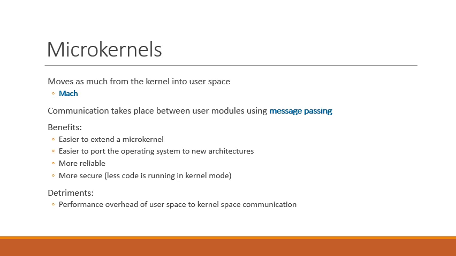One example of microkernel based operating system is Mac operating system. In Mac operating system, all the non-essential operating system services and components are removed from kernel space to the user space, and communication between these modules happens through message passing.